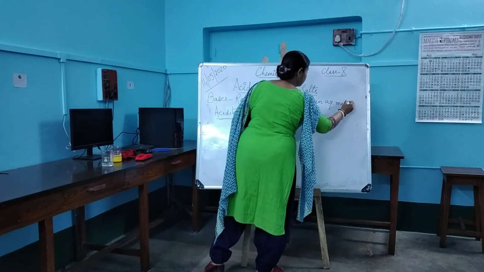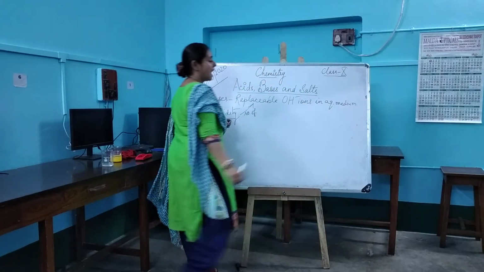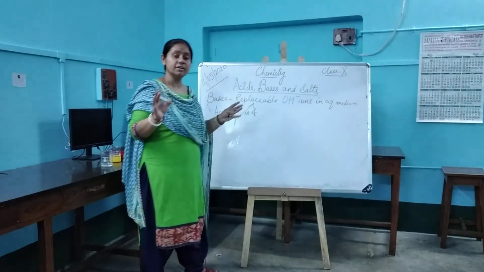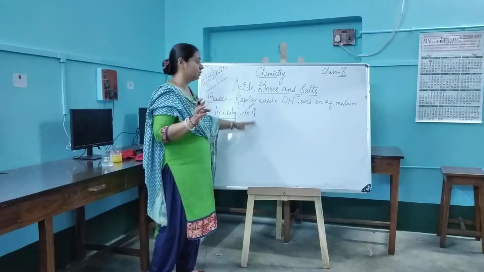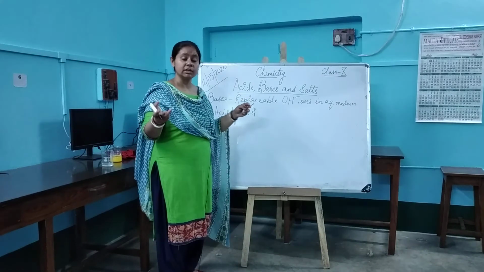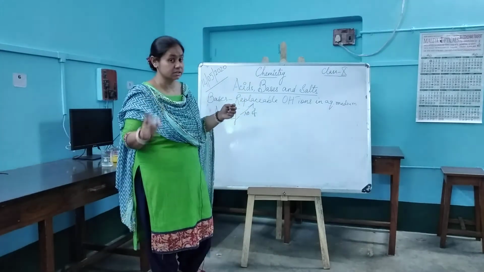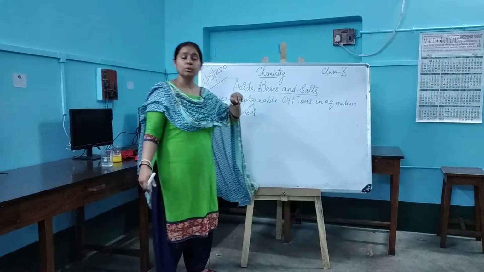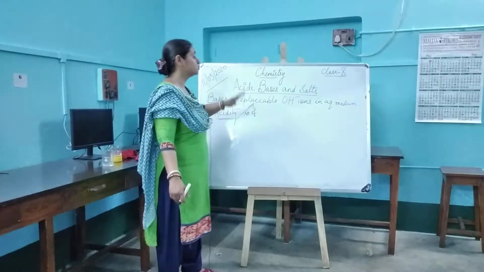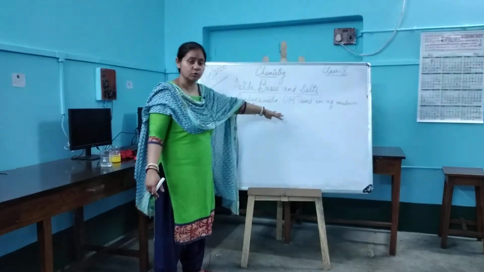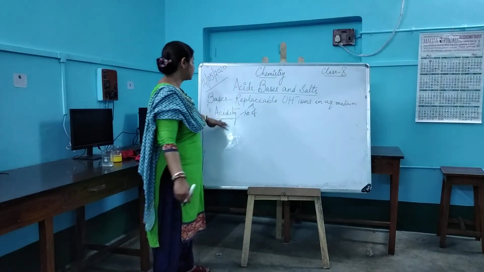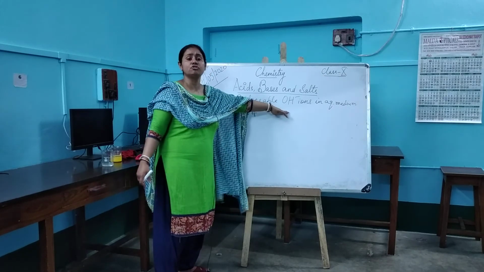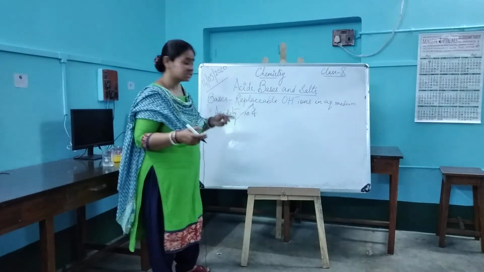Always mention aqueous medium, because all the definitions that we are studying here are related to the Lowry and Bronsted concept, and they explained the concept for the aqueous medium. So acidity actually means the number of replaceable hydroxyl ions. How are we going to explain them?